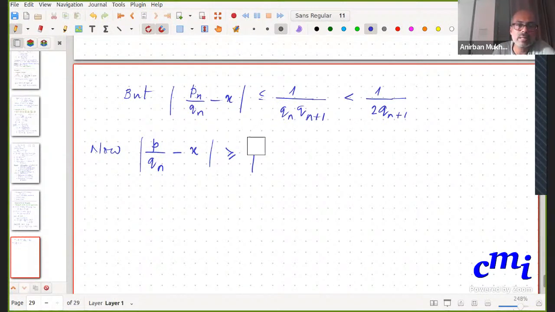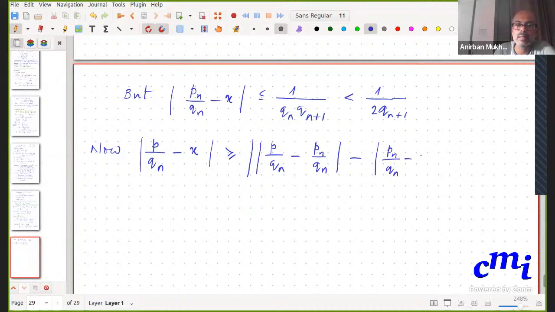Use the triangle inequality to insert Pn by Qn. So this is P by Qn minus Pn by Qn, and then you have Pn by Qn minus x. It's just the triangle inequality.